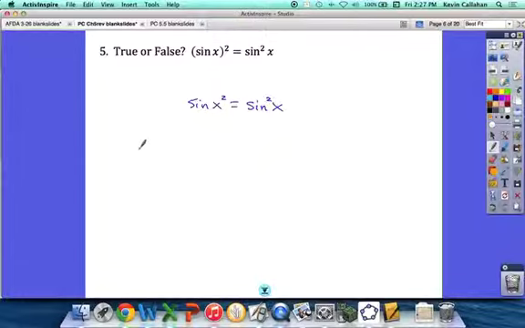I did that in case anybody talked to somebody in second block and said the last one is false. No, that's true. This is the sine of x squared. If somebody tried to just pass along the true-false question like that, then you would have gotten it wrong. And I will say, I think at least half got that question wrong here. And in their class, not half got that question wrong. The majority got it right.